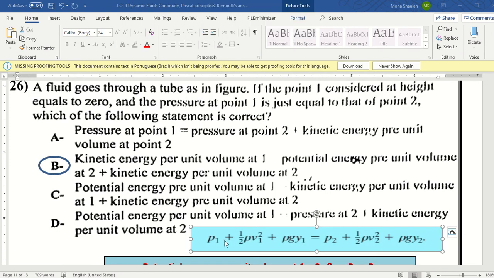In Bernoulli's equation here, cancelling this value as they are equalized, and the potential energy here is equal to 0. So the kinetic energy per unit volume at 1 equals the kinetic energy per unit volume at 2 plus the potential energy per unit volume at 2.